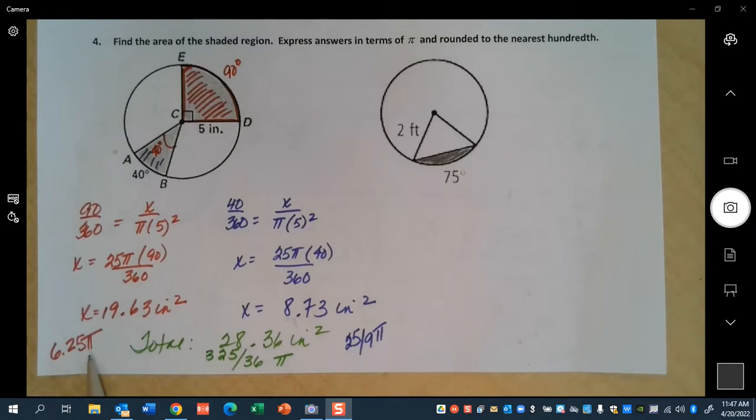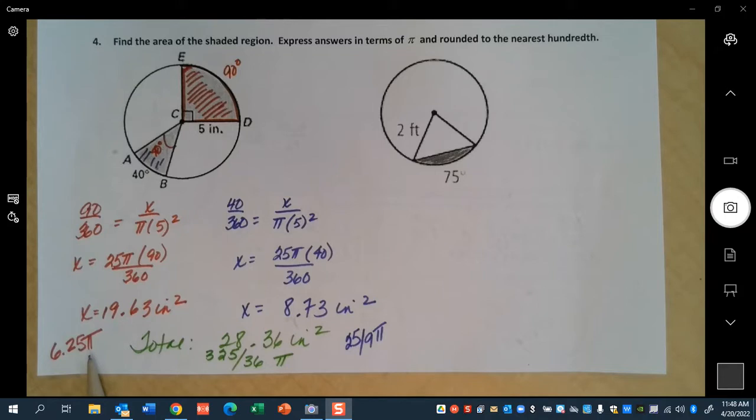This one's going to be a little less than half. 45 degrees would be half of this area. And see how it's a little less than half? So I'm in good shape. Just by looking at my answers and estimating, yeah, 8 is a little less than half of 19. Looks like my calculations are good.